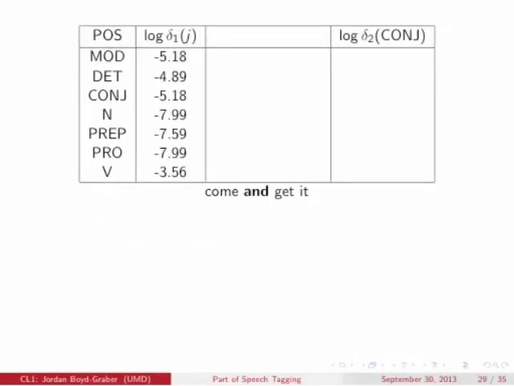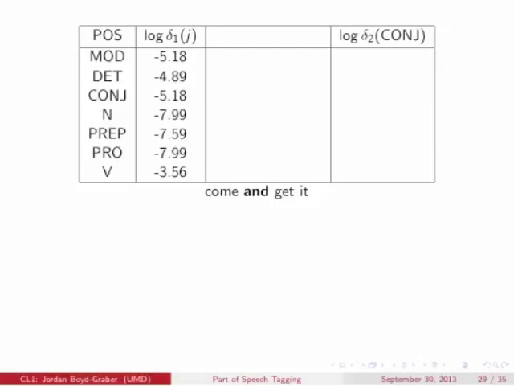Okay, let's extend our dynamic program one more step. What we want to do is figure out what is the highest probability part of speech sequence that can get us to time 2. We'll need to do this for every part of speech, but first we'll do it for the part of speech conjunction.